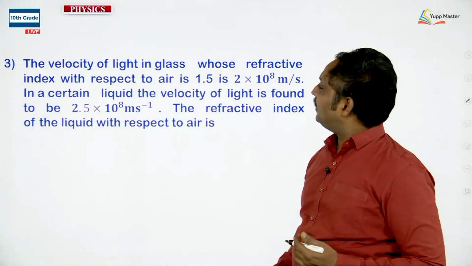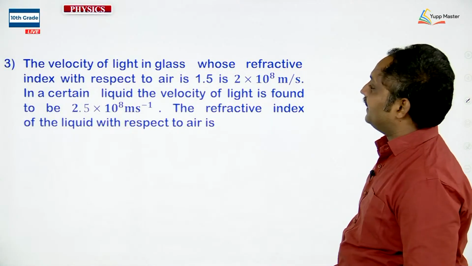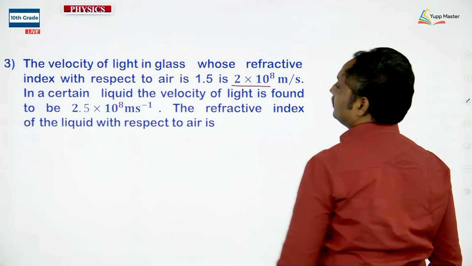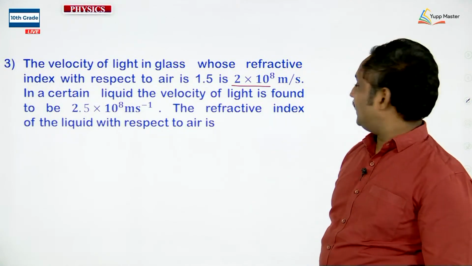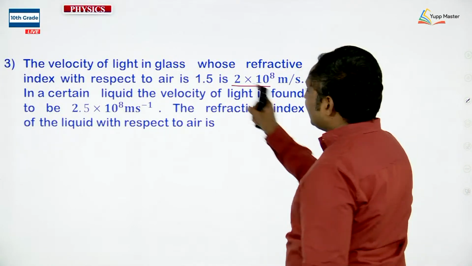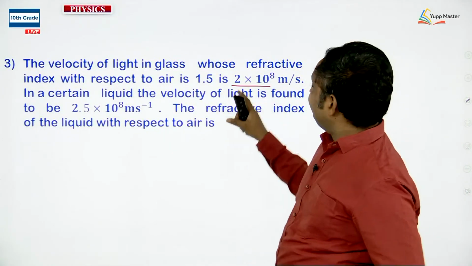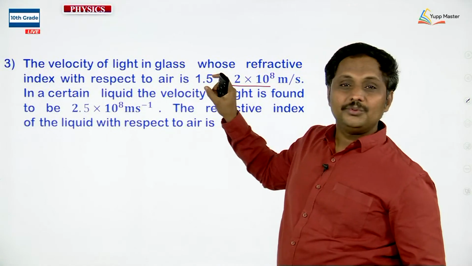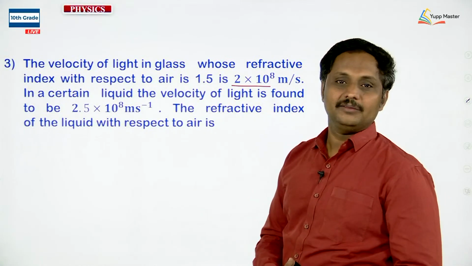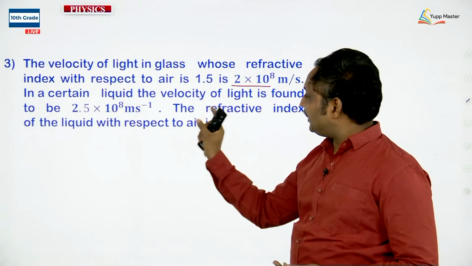The velocity of light in glass, whose refractive index with respect to air is given, is the velocity of light in the glass material, and they have given that. The same light from that glass has entered into one type of liquid. They are not mentioning the name of the liquid.